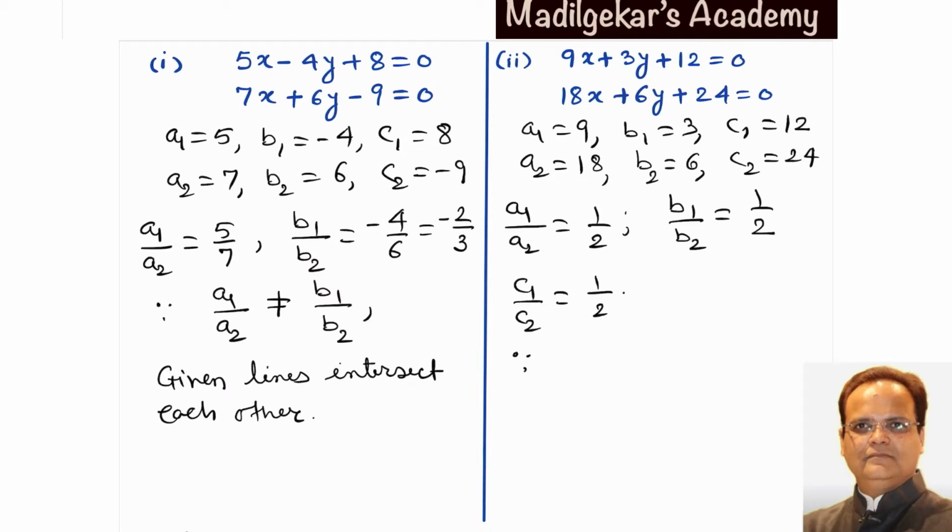So since all three ratios are equal, means a1 upon a2 is equal to b1 upon b2 is equal to c1 upon c2, the given lines are coincident.